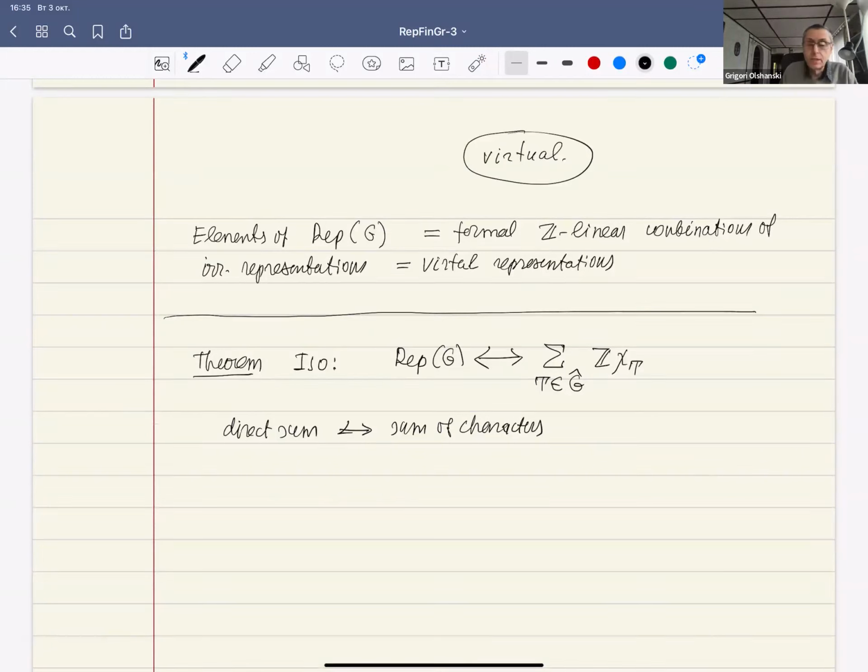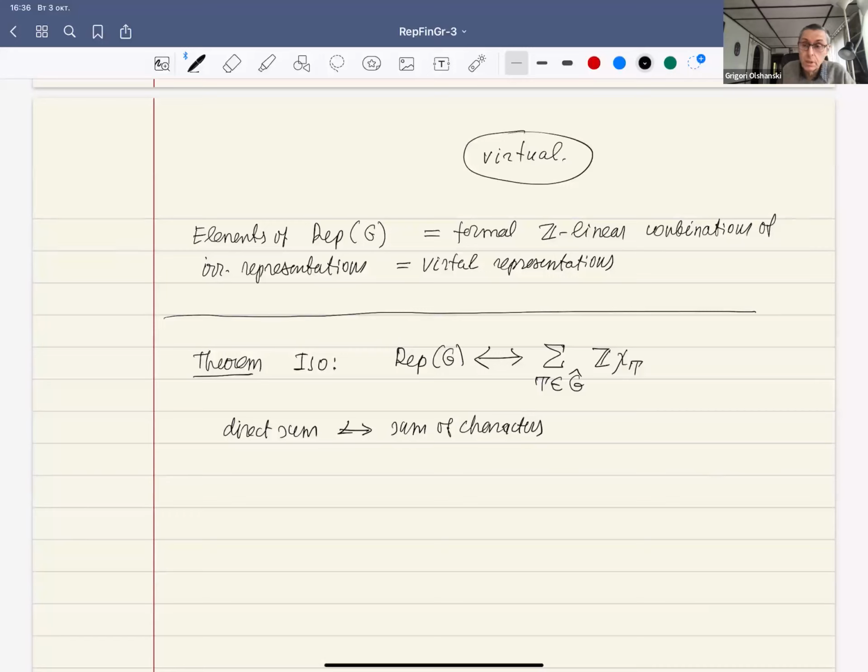So what is the idea? The idea is that many questions about representations can be reduced to the level of characters. Not all, of course, but many questions. And dealing with characters is, in many respects, simpler than dealing with representations, because a representation is in some sense a complicated object, some operator-valued function on a group.